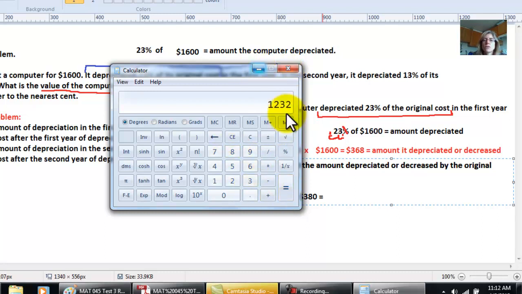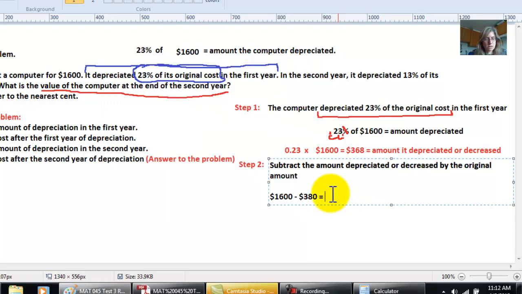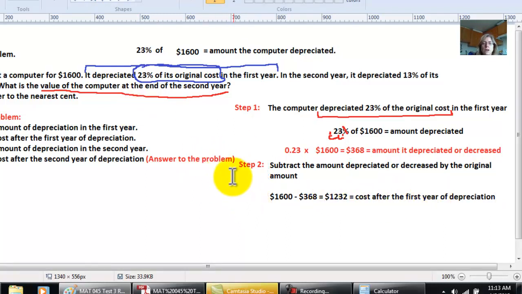That's $1,232. Okay, so that's the answer to step 2. Let's label it: the cost after the first year of depreciation. Now we have to use that amount in our next step.